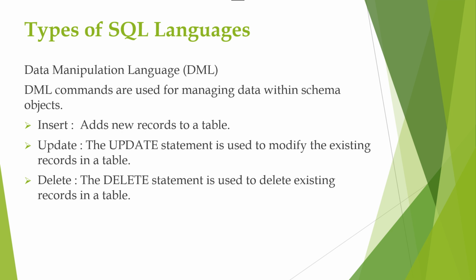If you want to add any details of employees, then you can add them using this insert command. Next is update. If we want to modify the existing record or the data in a table, then we can make use of this update command. Next is delete. If we want to delete some data from the table, then we can make use of this delete command. The entire row can be deleted using this command.